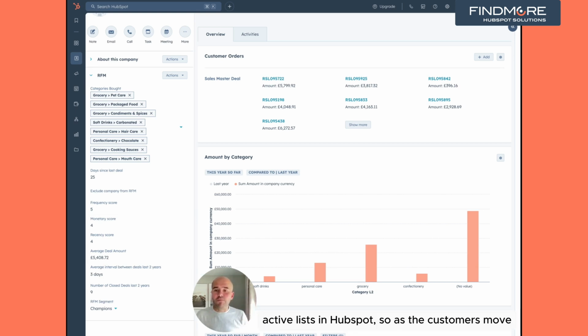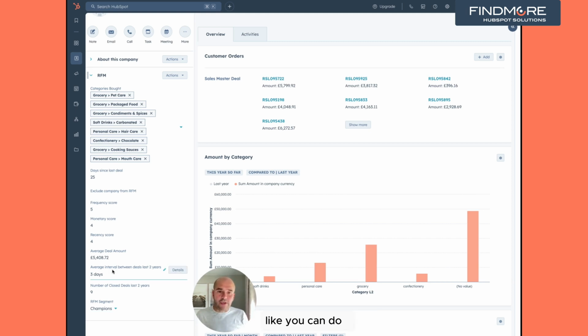As the customers move in terms of their scores, they go up and down, they start moving between these RFM segments, right? And this is where the magic starts to happen, because as they are dynamic segments, you can be looking at changes when a customer falls into a certain segment coming from another.